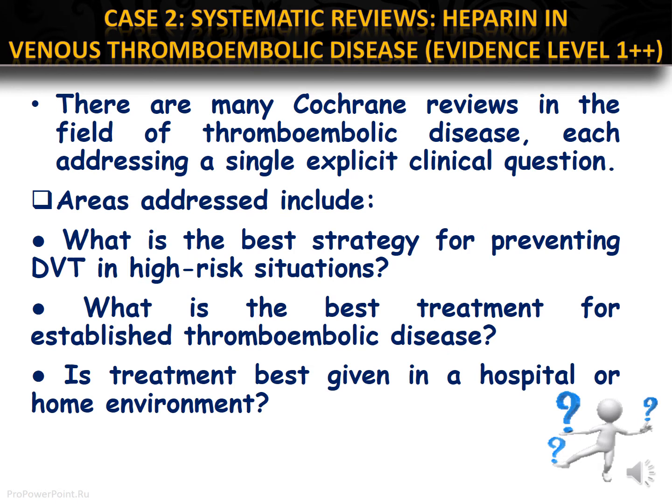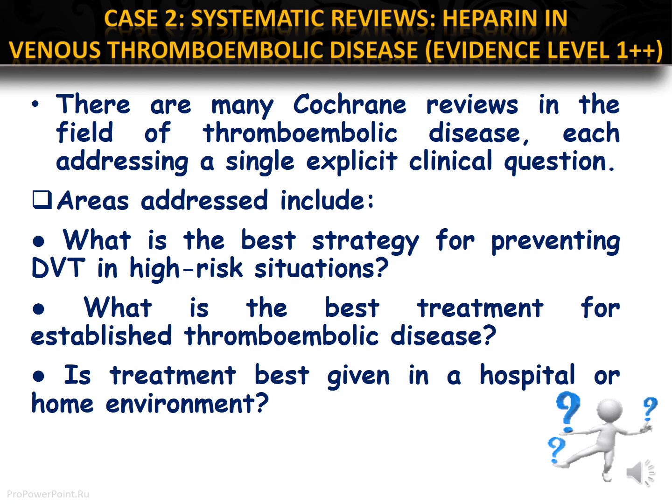Case number 2 is associated with heparin in venous thromboembolic disease. As you see, it's a systematic review from the Cochrane library. You see evidence level 1, 2 pluses, and we have a lot of publications associated with this problem, each addressing a single explicit clinical question.